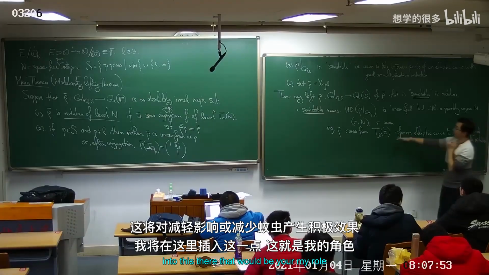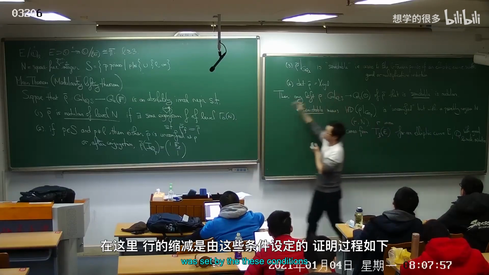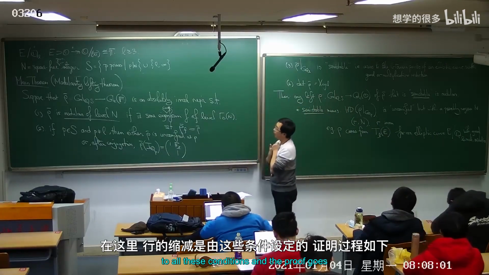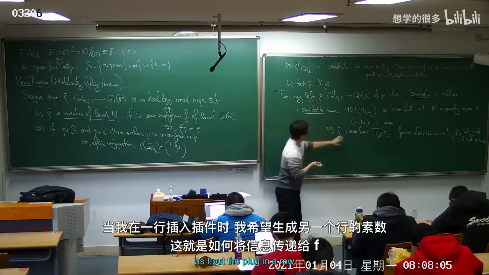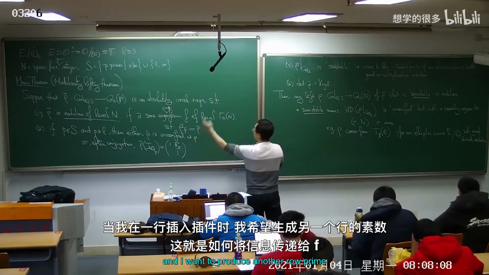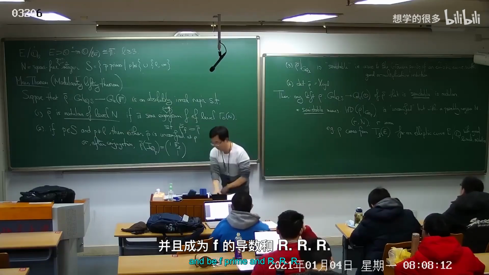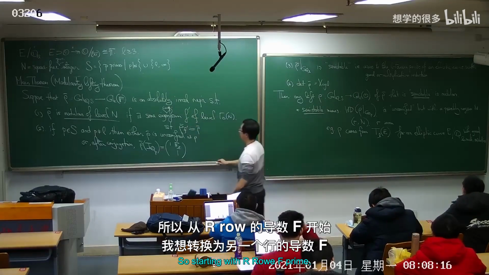That will be my rho here, where the reduction rho bar will satisfy all these conditions. And the proof goes as follows: I plug in this rho, and I want to produce another rho prime, so this is somehow the eigenform f, maybe f prime, and rho f prime.